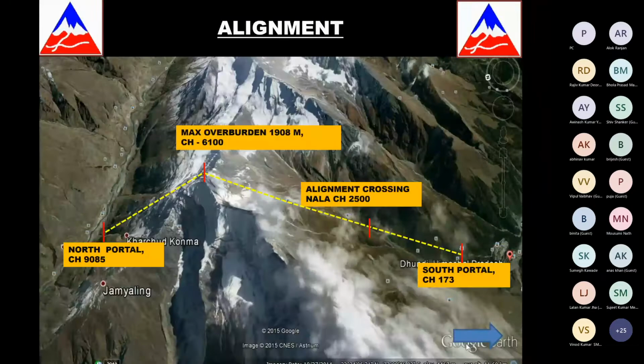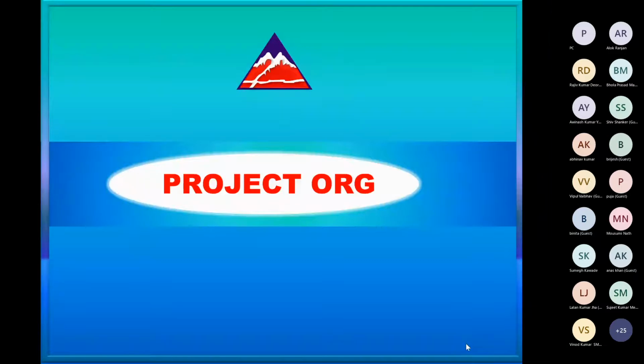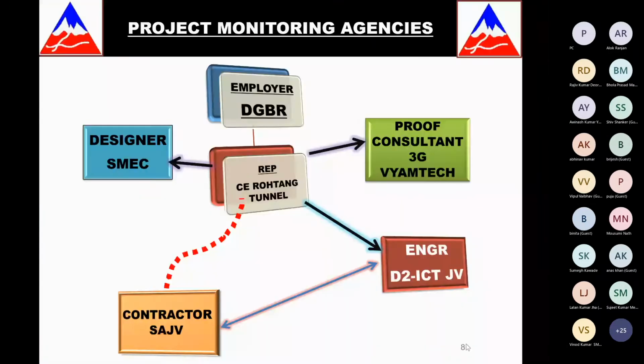The maximum overburden on this tunnel at some places was about 1,900 meters, so at the base of the tunnel, where excavation was carried out, it effectively came out to be 2 kilometers. The project was being done by Border Roads Organization, where there was a chief engineer of Border Roads sitting in Solang Valley.